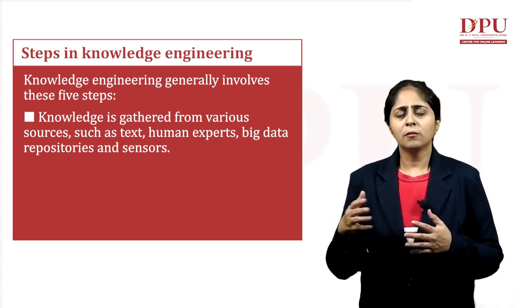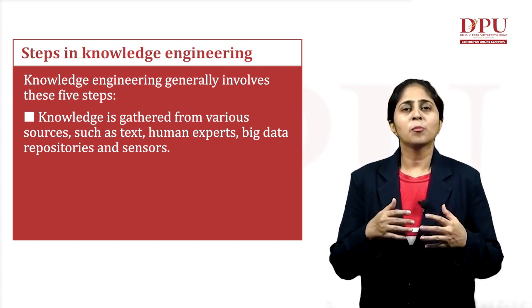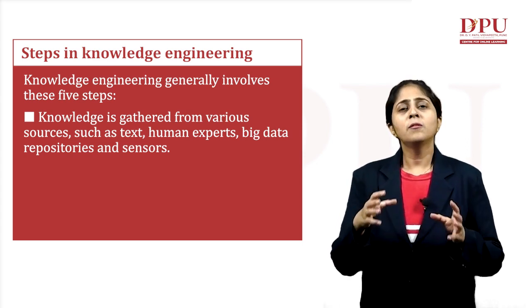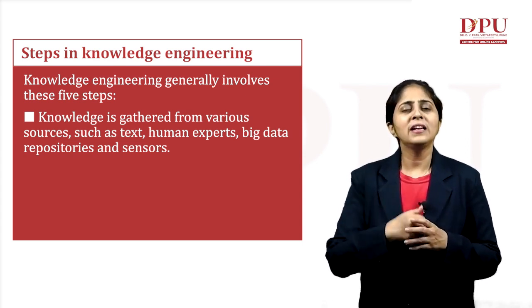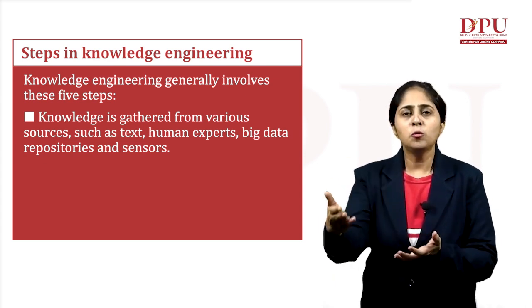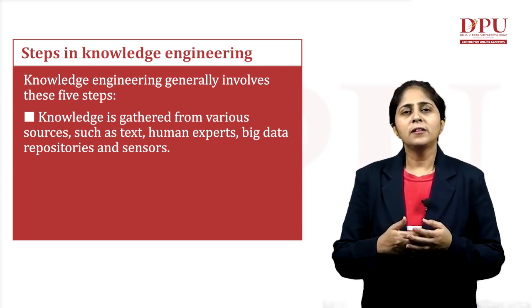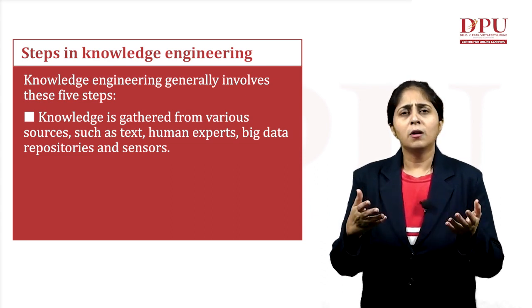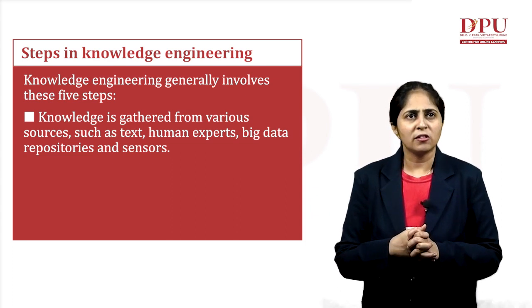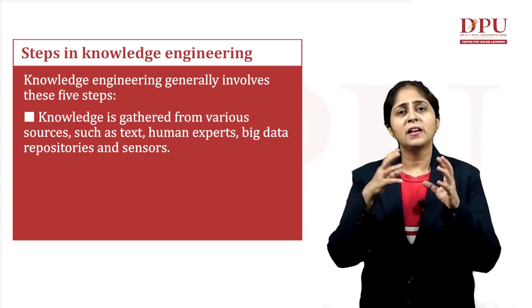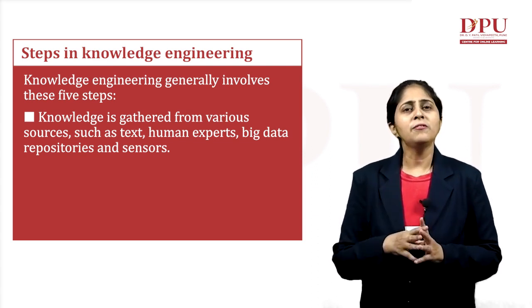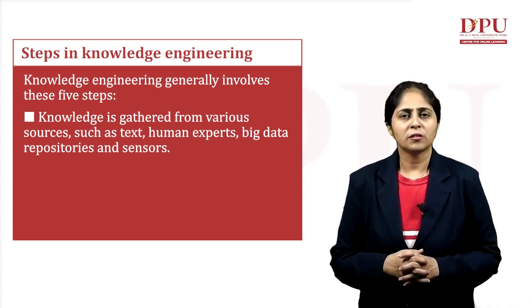When we are trying to build any expert system with the help of knowledge engineering, we are going to attain the knowledge in the same domain. We can use the knowledge of the human expert. We can use various books. We can use various texts in the field of knowledge engineering. We can use big data repositories. So the very first thing is gathering the knowledge.